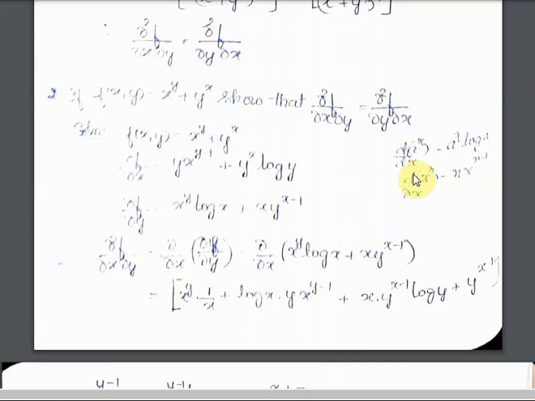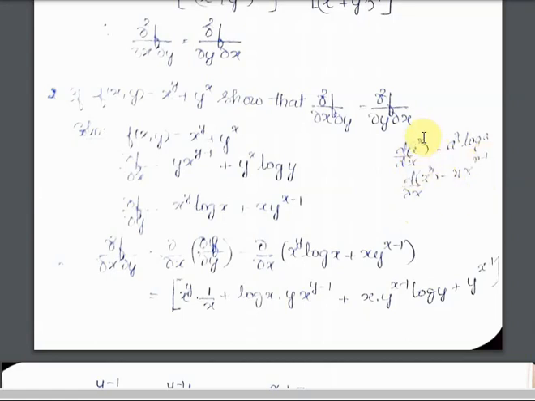If I have d by dx of a power x, the variable is on the power and the base is a constant, then the differentiation is a power x log a. If I have d by dx of x power n, the base is a variable and the power is a constant, then the differentiation is n x power n minus 1. So there are two things here.